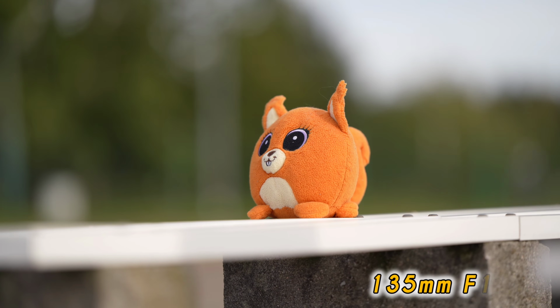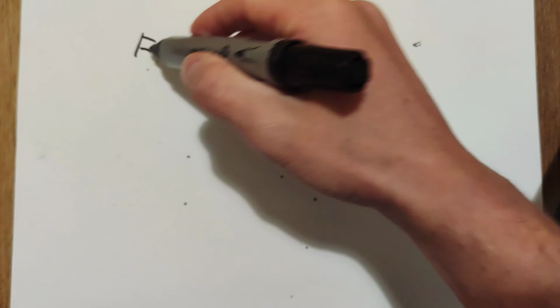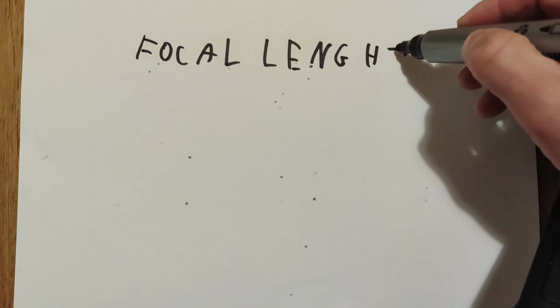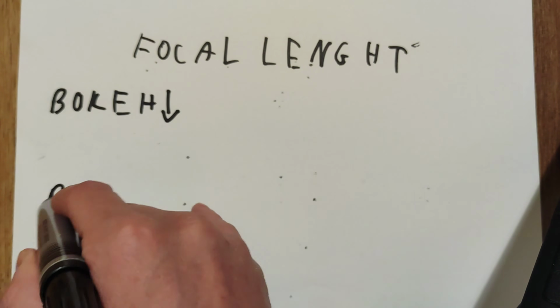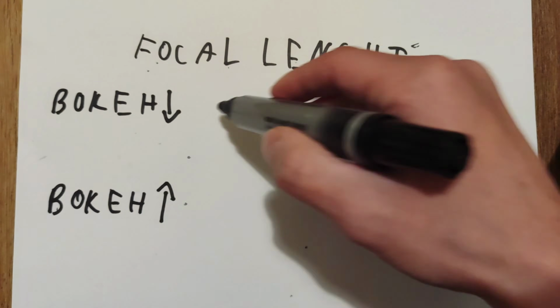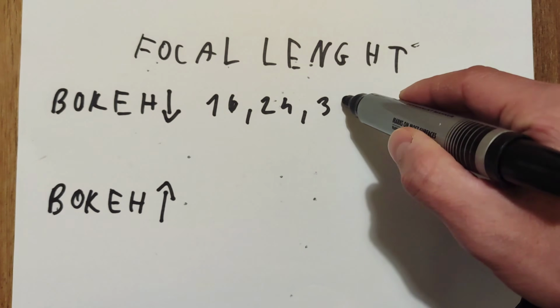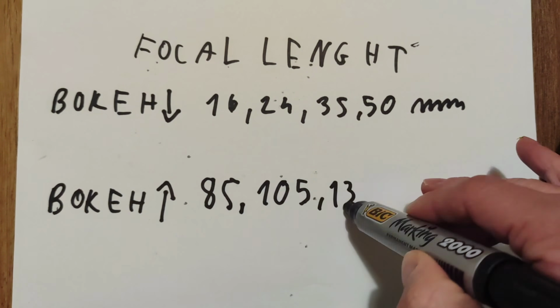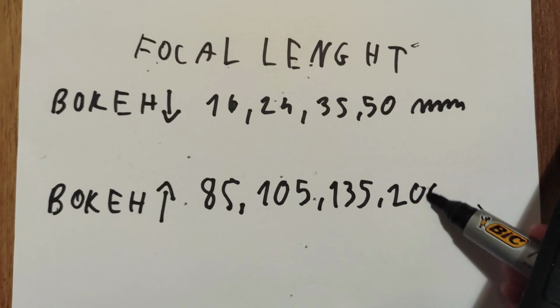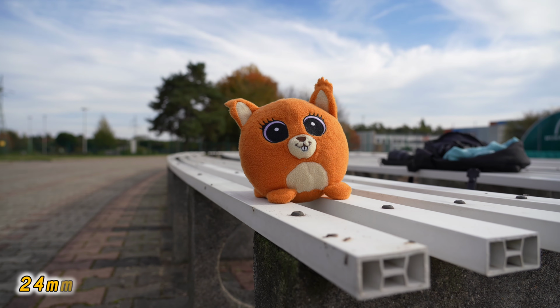And the next thing that we have to take care about is the focal length. And the higher the focal length is, the more background blur you will see. So let's take like 16, 24, 35. As you can see, is less bokeh, and the higher the number, the more bokeh you will get.